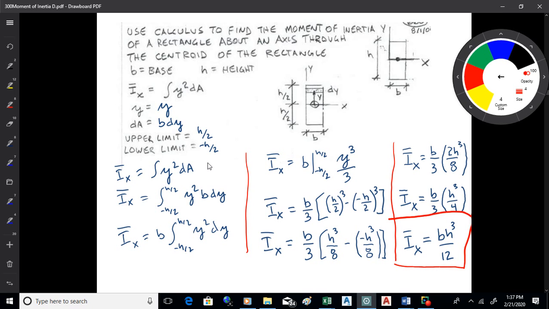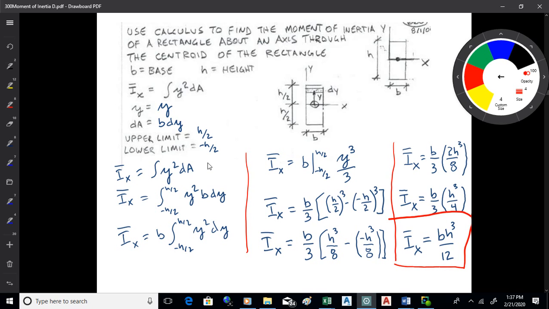Now that's kind of where we start with this. But what we end up doing normally, as we were just looking at, our shapes are not simple rectangles. We don't make most of our beams out of simple rectangles. We build things called I-beams and different other types of shapes that are composites of rectangles.